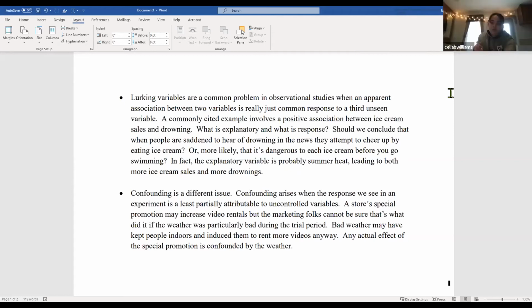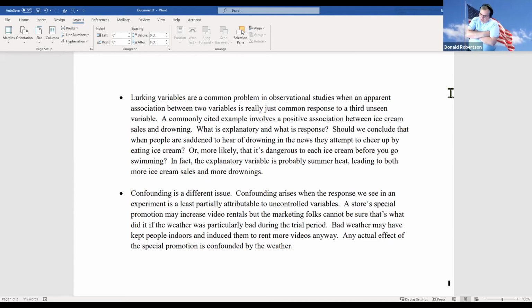And then you look at, should you conclude from that, that when people are saddened to hear of someone drowning, then they attempt to cheer themselves up by eating ice cream? Or if you are eating a lot of ice cream, then you go swimming, you drown? In fact, the explanatory variable is probably heat.